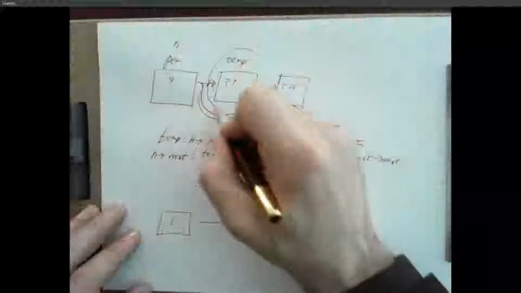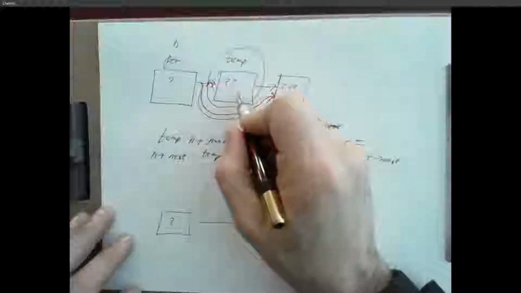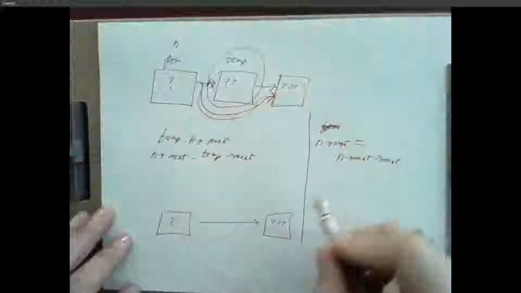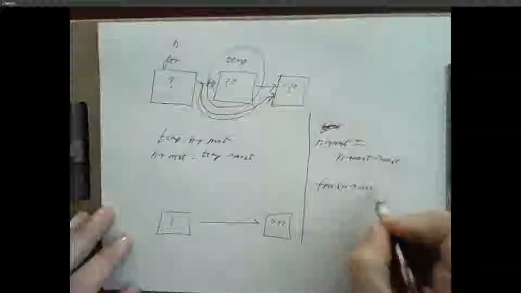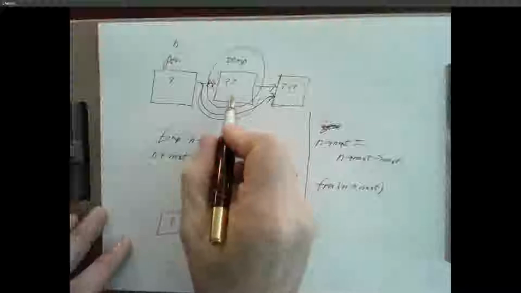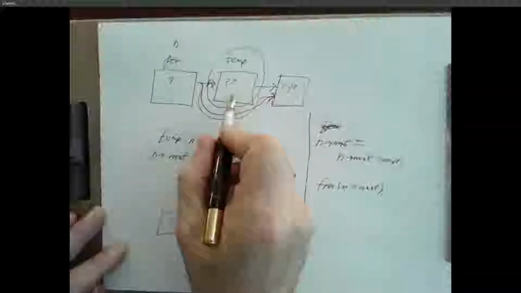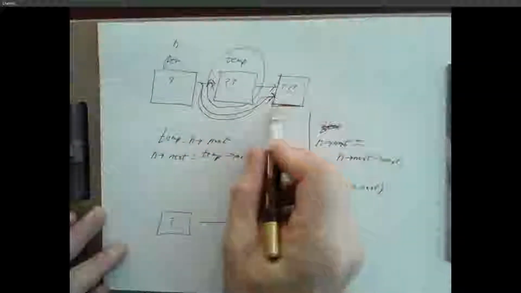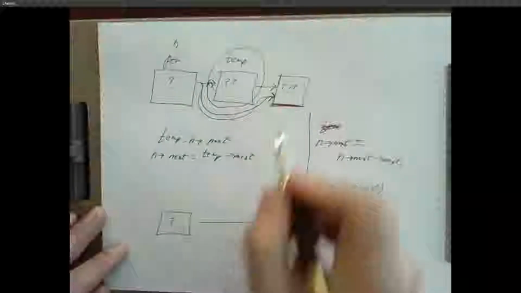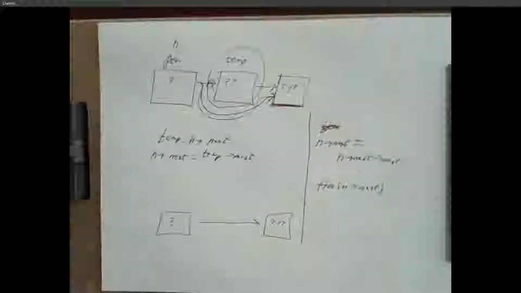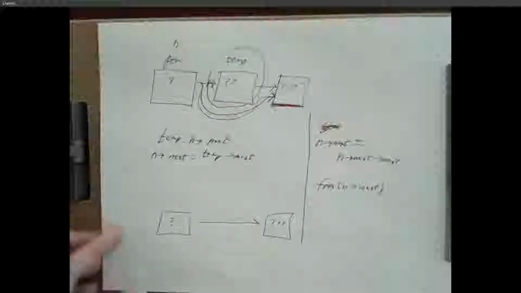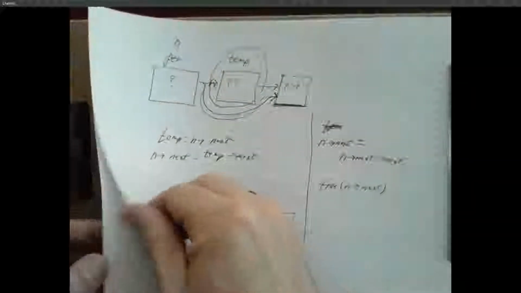But once I do that, I have no way of getting to this node so I can free it. If I were to say free n next, it's not this node anymore. I just worked really hard to make n next equal to this node. So if I free n next, I'm freeing this third node, which is part of my list. And so you might say, well, okay, we can fix that.